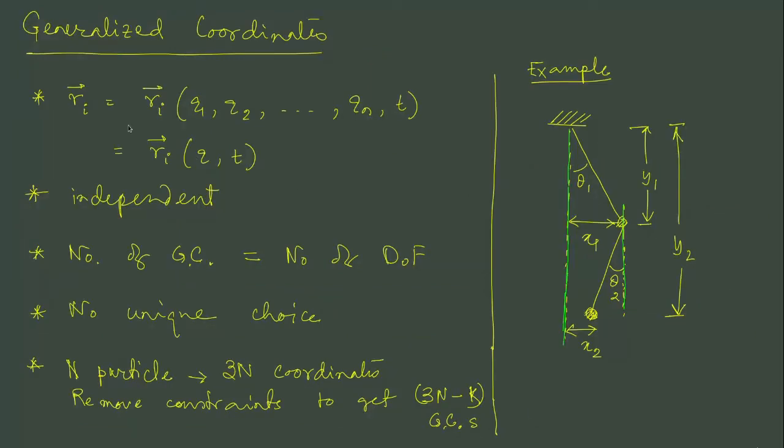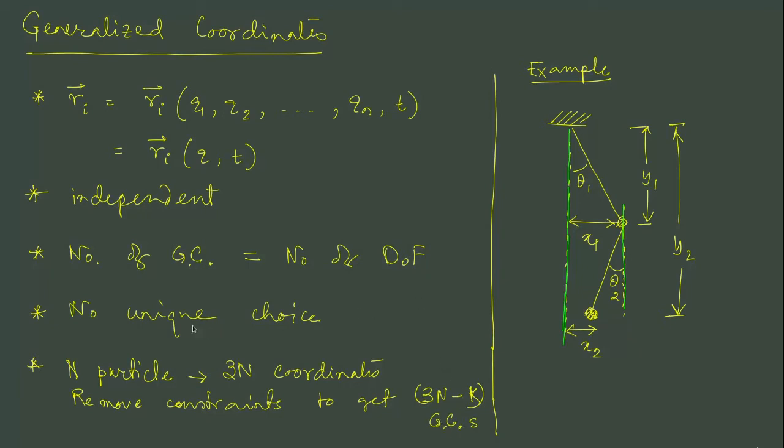The generalized coordinates are essentially a set of independent coordinates whose number is equal to the degrees of freedom of the system. So if we have n particles, which gives us 3n coordinates to deal with, and suppose we have k constraints, then after removing these constraints, we should end up with 3n minus k independent coordinates. We call them generalized coordinates.